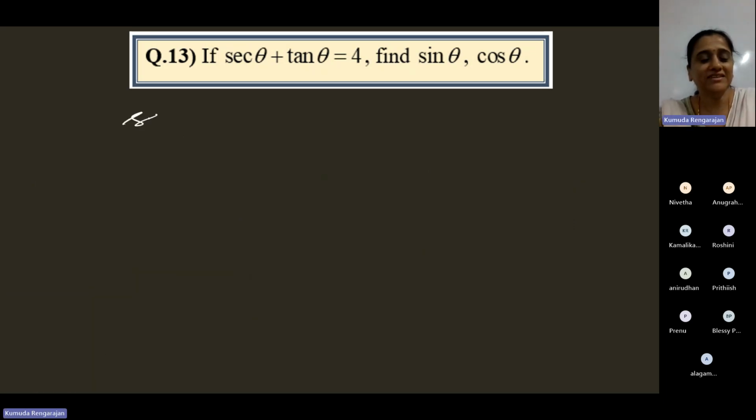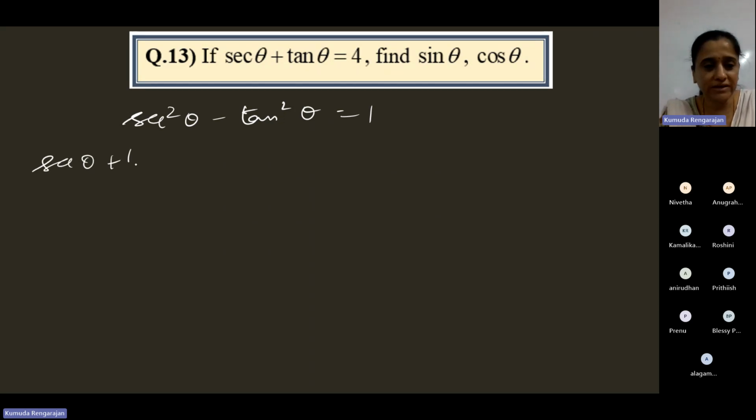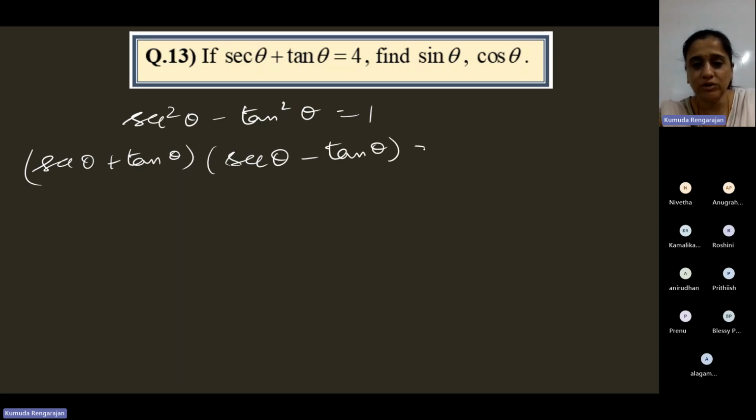Secant square theta minus tan square theta is equal to 1. A square minus B square is equal to 1. So A plus B into A minus B is equal to 1. The product is 1. So if this value is 4, what should this value be so that the product is 1? It has to be the reciprocal.